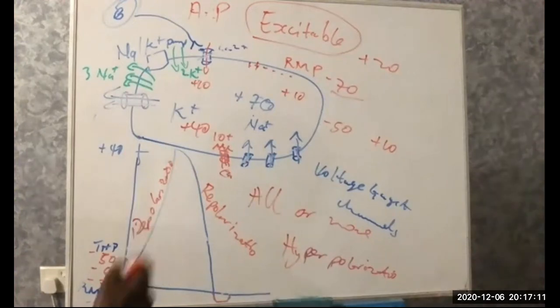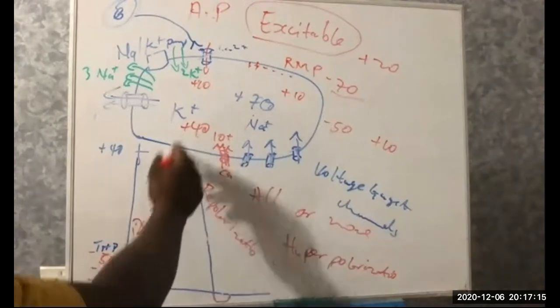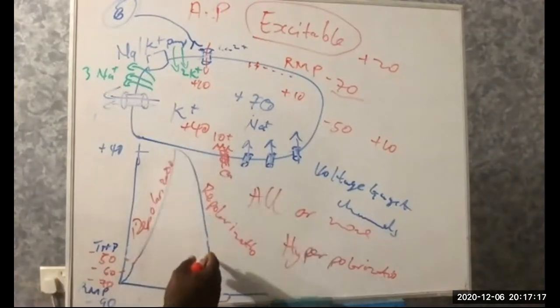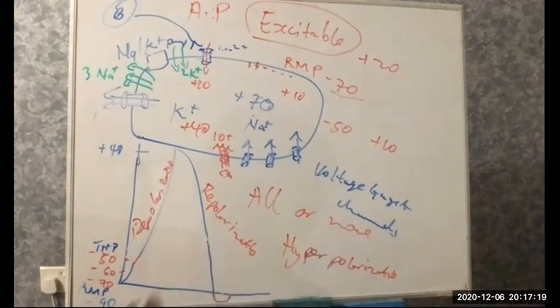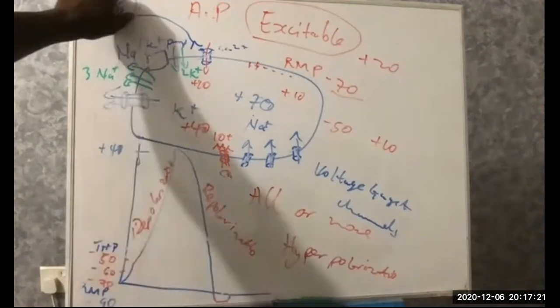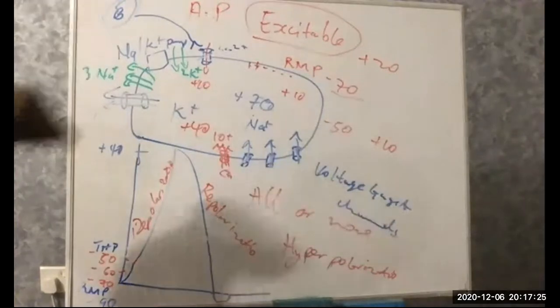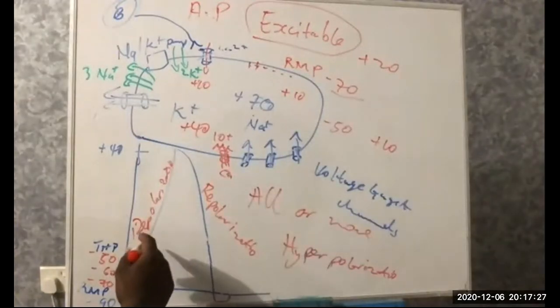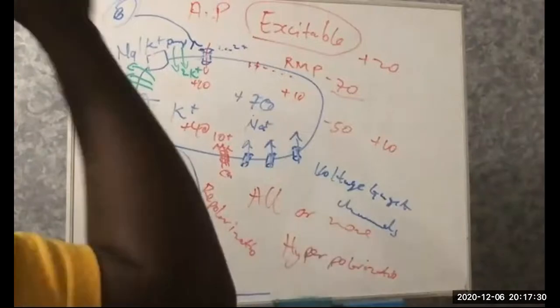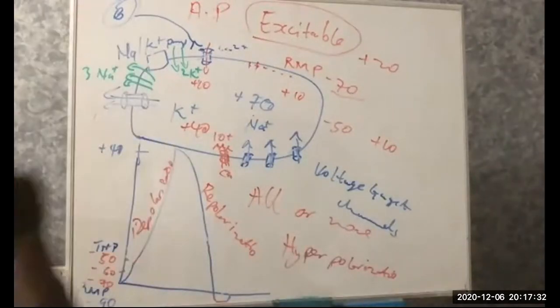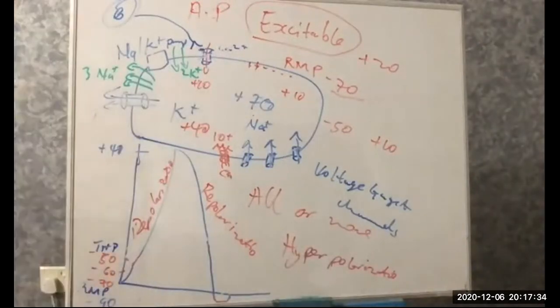So there is something we call the refractory period. During the climbing, which is depolarization, and during the repolarization, assuming I still keep on pinching you, a new action potential will not be generated. No matter the stimulation, no new action potential will be generated.